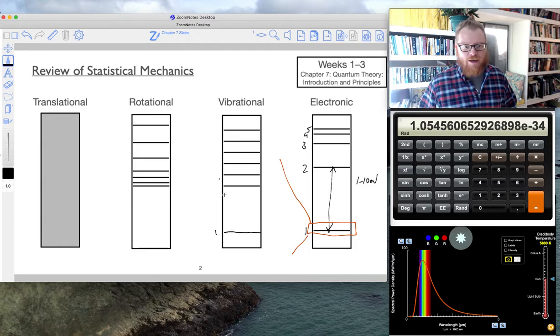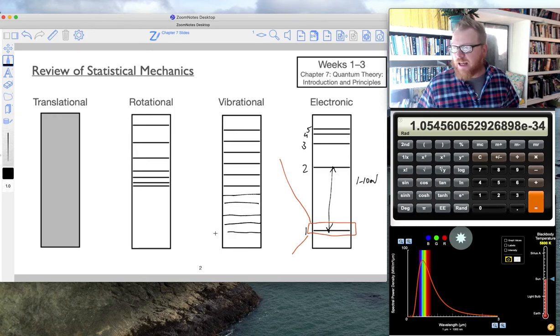Level 1 is down here, and then 2 and 3 and 4 and 5, etc. I missed a whole bunch of lines here. We recall the vibrational levels are evenly spaced. So that'd be like level 1, 2, 3, 4, 5, etc.